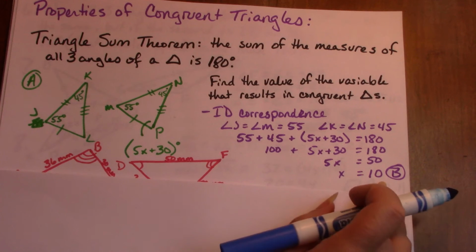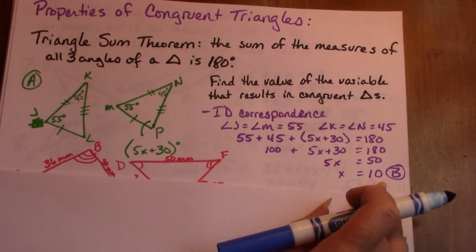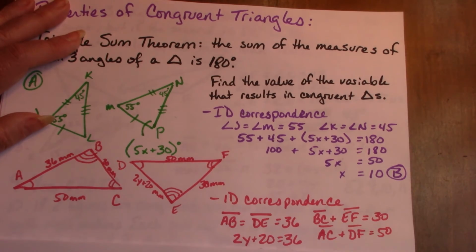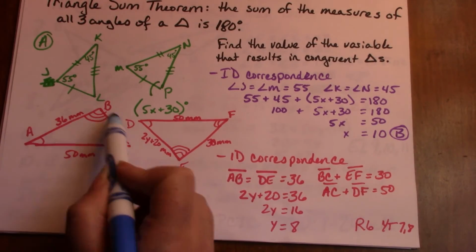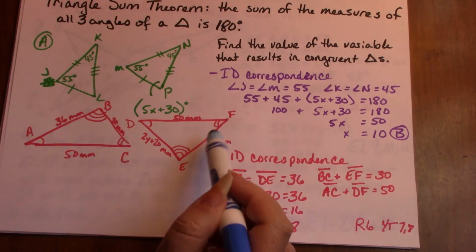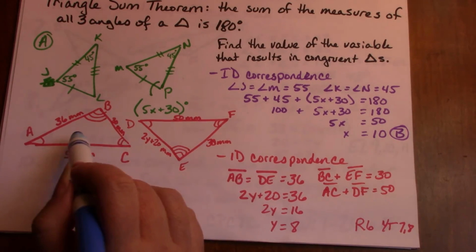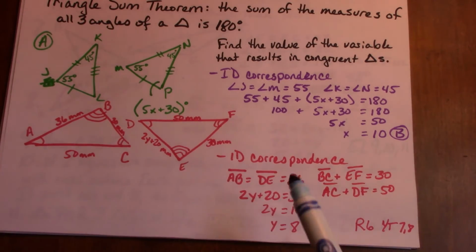So pause here, try B, and come back when you're done. With B, we have triangle ABC and triangle DEF that we have rotated 180 degrees and translated right.